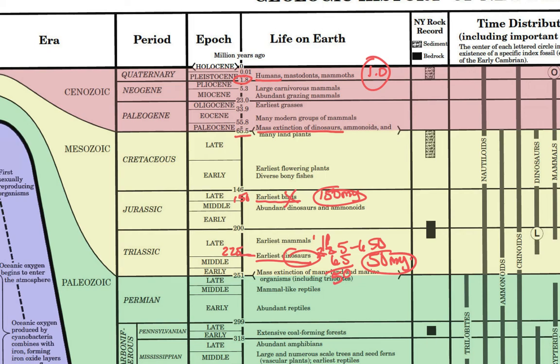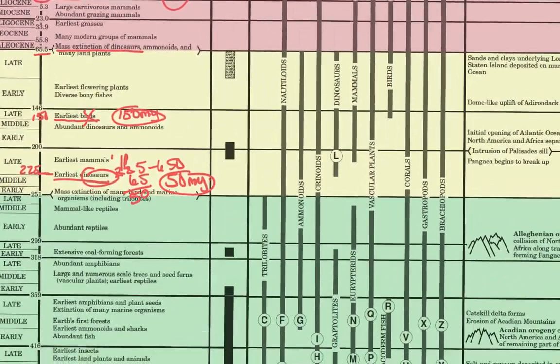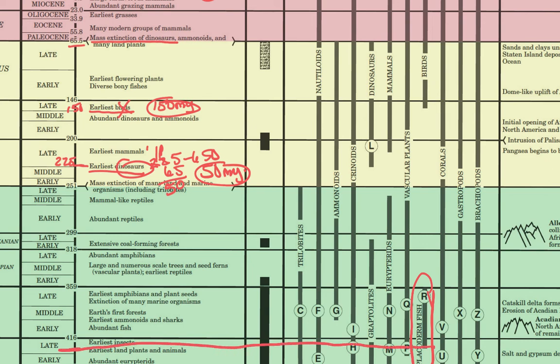Placoderm fish. So placoderms, you have to look over here on the right hand side to try to find the placoderm fishies. And if we look all the way down here, we see the placoderm fish here. They started off right down here, about 400, I don't know, we'll say maybe 420 million years ago.